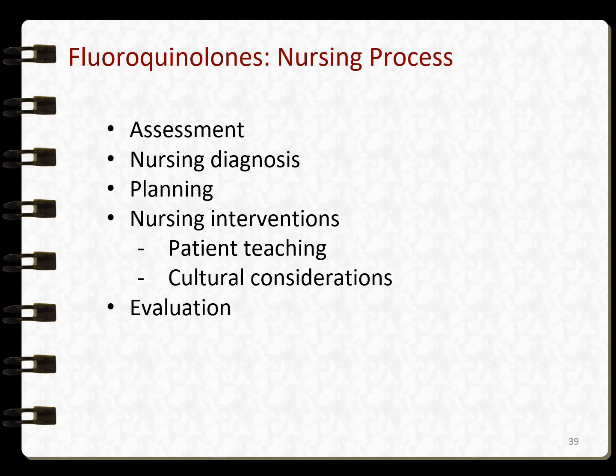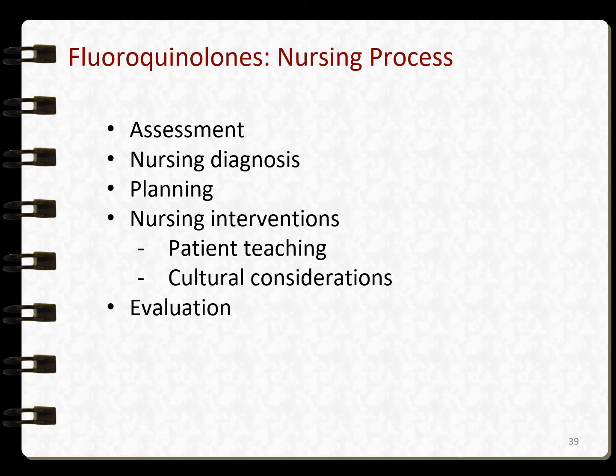Antacids and iron preparations decrease the absorption of fluoroquinolones. So we need to make sure that we have a full history there. And let's see, when levofloxacin is taken with non-steroidal anti-inflammatory drugs, central nervous system reactions may occur, which include seizures. So we need a full history.